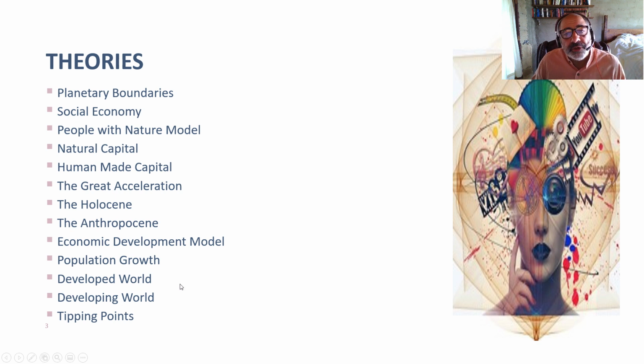Developed and developing world is this notion that there are two worlds, one with high income, high standard of living, high level of materialism, stuff, and then a developing world with lower levels of income, lower opportunities, therefore lower levels of disposable income and consumable items as well. Why do we want to know that?